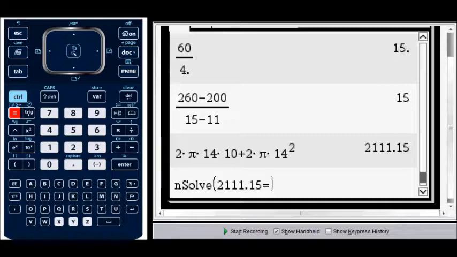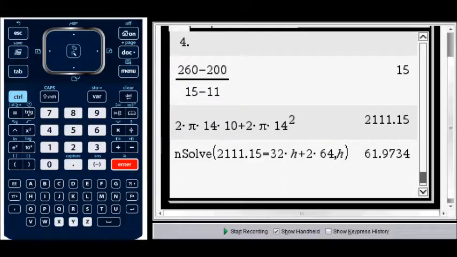So 4 times 8 is 32, and we're going to multiply that by H, so it's 32 times H, plus 2 times 8 times 8, which is 2 times 64. Then I put a comma, put my H in there, and hit enter.